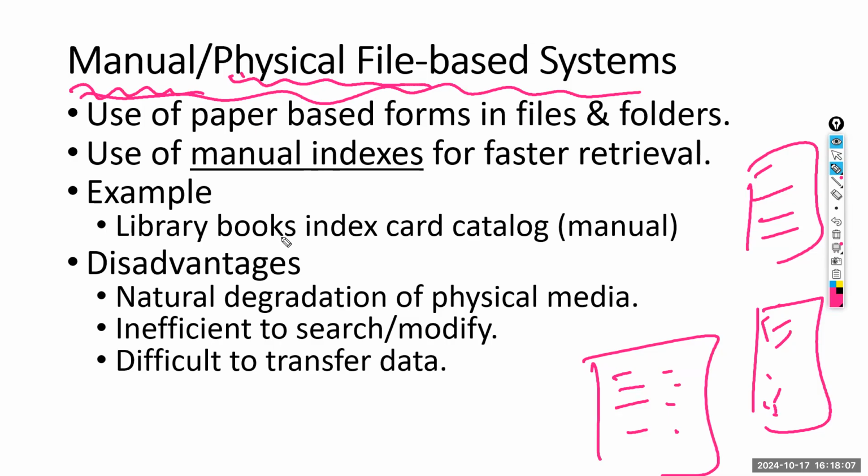If you go to a police station, they still use it because they are not evolving. So when we say physical file-based system, it means paper-based files, forms put into files, those files in folders and so on. Maybe put in a cabinet, and people process it.